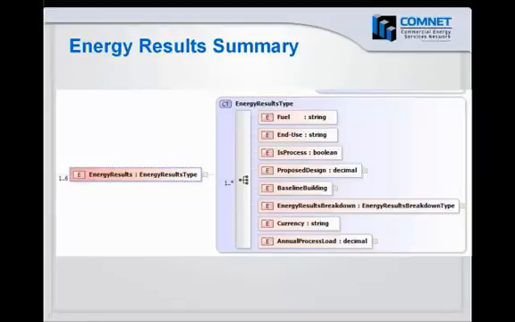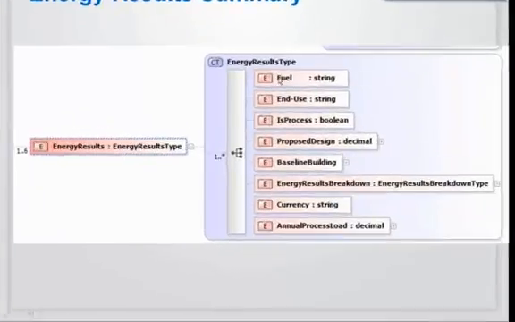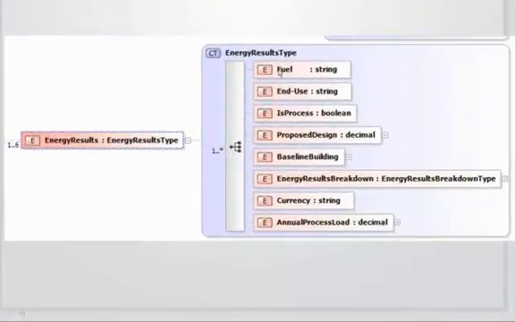So for that first page, the high-level summary, we have an energy results type that we've defined. So we have a fuel, the end use, a Boolean for whether or not it's a process load, and then we have a proposed design and baseline building energy use.